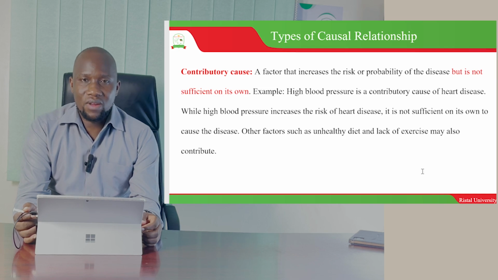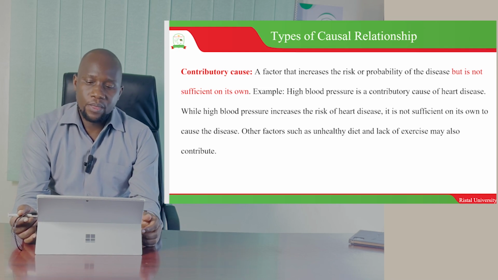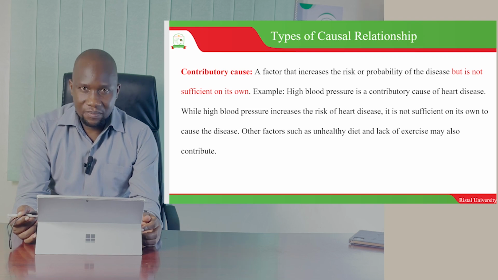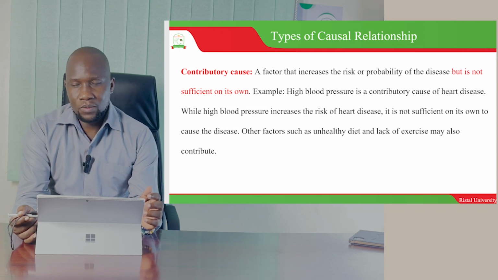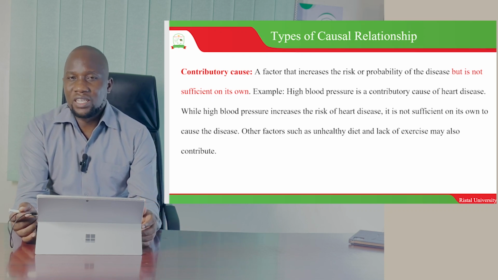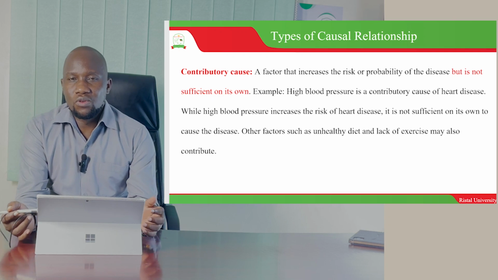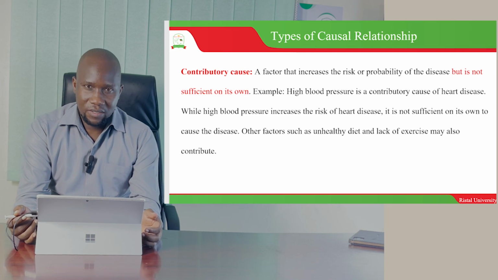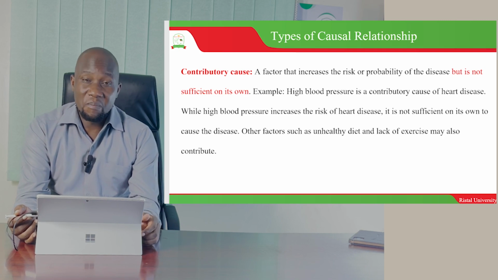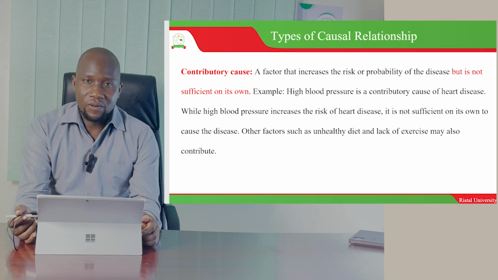So we can say high blood pressure can result in heart disease, but you can have other contributing factors working together to contribute to the heart disease, but the high blood pressure alone may not. Okay, may not, and that is the key word, may not, really result in heart disease. Okay, so this is very important.